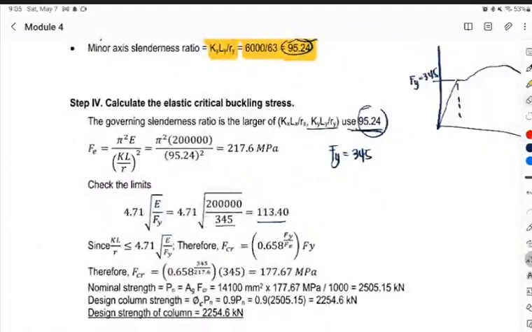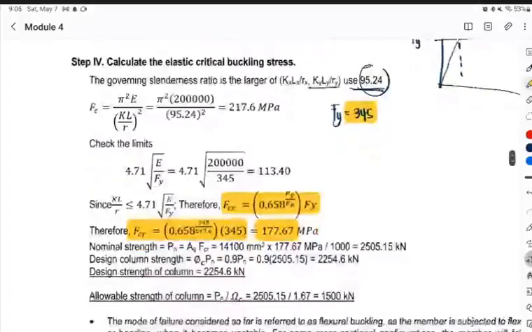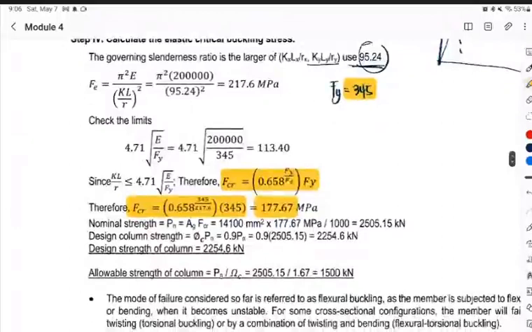So, since alam na natin na yun ang formula, you apply it. Putting the value of Fy and Fe, yun lang naman yung ilalagay class. To get your critical buckling stress, we now have 177.67, no? So, that's 177.67 of 345. Alright. Now, to get your nominal strength, that's Pn, that is now equal to your gross area multiplied by your critical buckling stress.